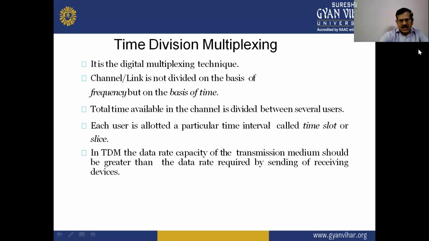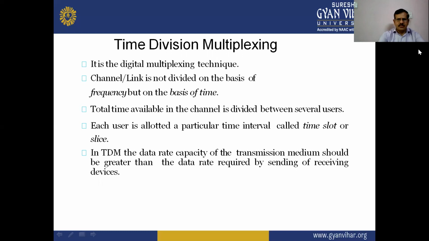So in that case, the base is the time. The total time available in the channel is divided between several users. Each user is allotted a particular time interval called a time slot or slice.